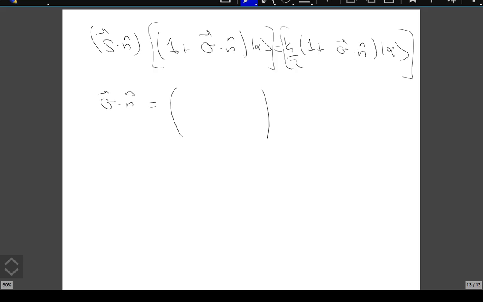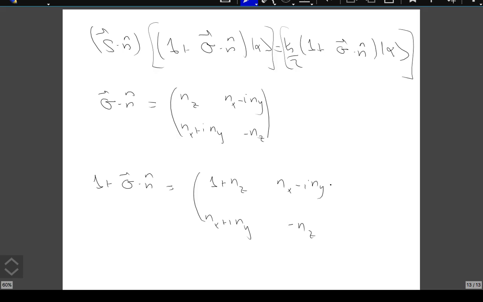Now sigma dot n hat, we already know what this operator is. If you just do the matrix multiplication, it is nz, nx minus i ny; nx plus i ny, minus nz. So 1 plus sigma dot n is 1 plus nz, nx minus i ny; nx plus i ny, 1 minus nz.